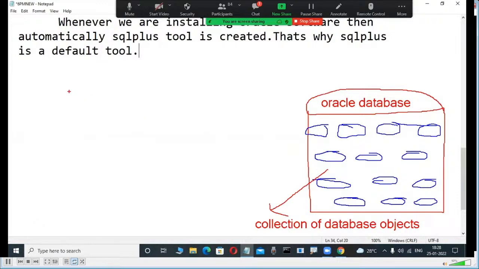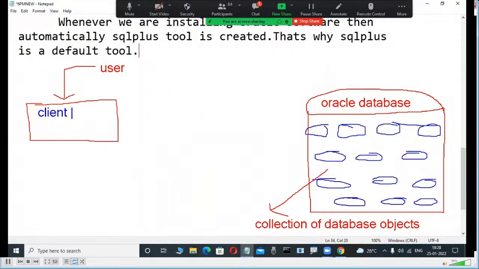Now check it out. Observe: users first connect to the tool. Suppose any user is there; what is a user, we'll cover later. First observe that users connect to this tool first. These are called client tools or query tools. This is the database server, and those are client tools; many tools are there.